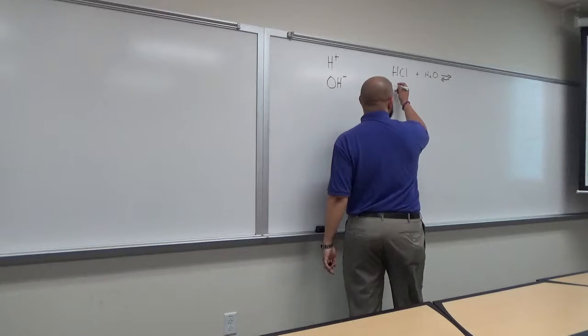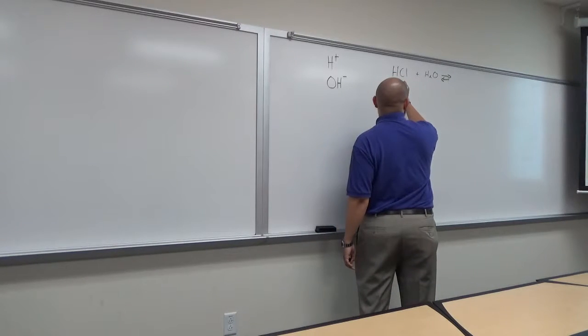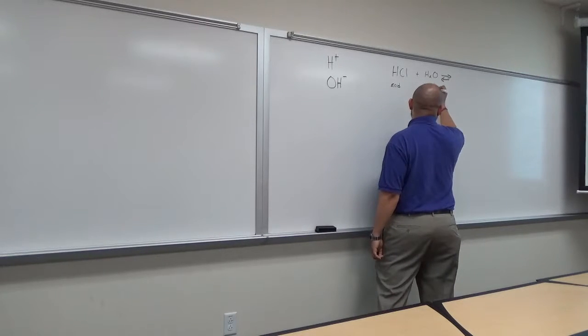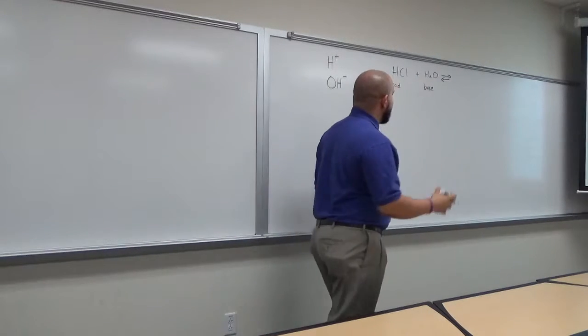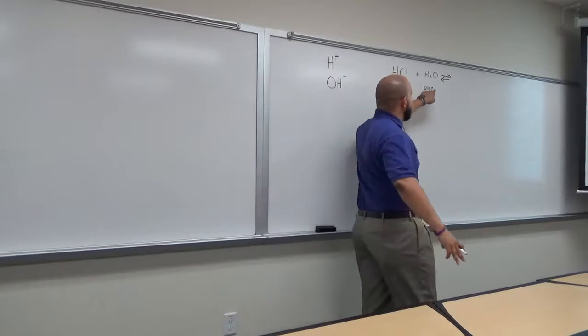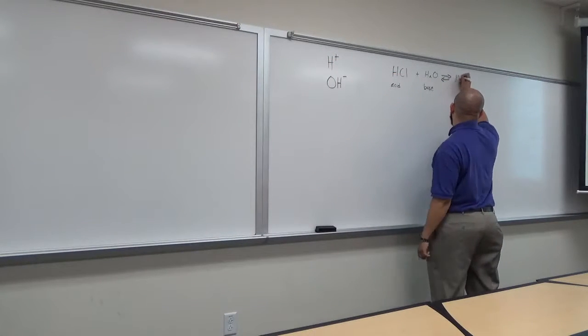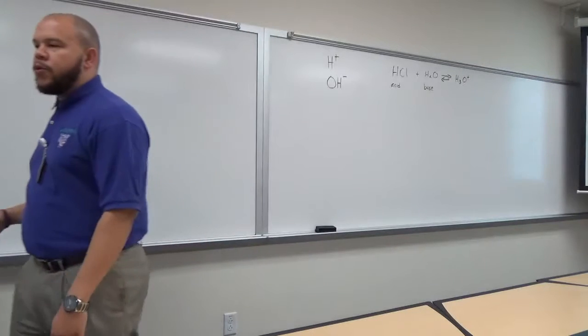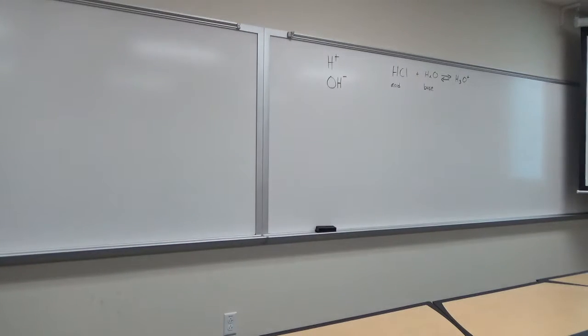So here we have an acid, and here we have a base. If that is the case, then the donation of an H plus to H2O will give us H3O positive. Again, you can't get rid of charge, right? Formal charge has to be there.